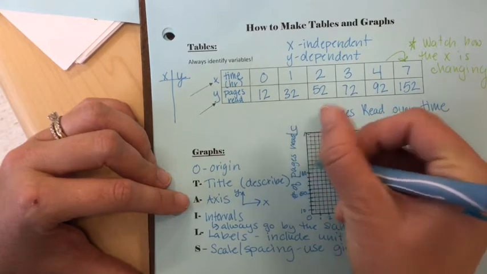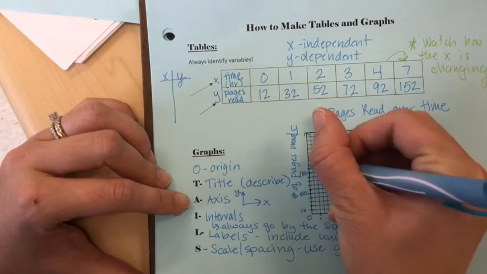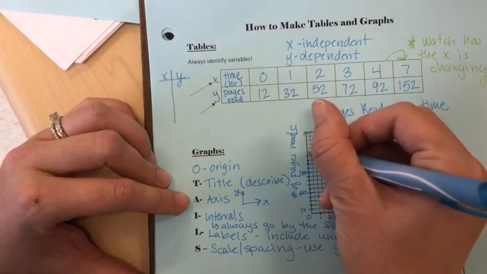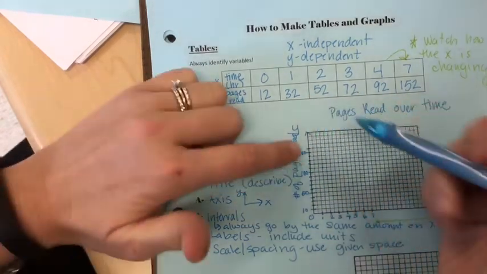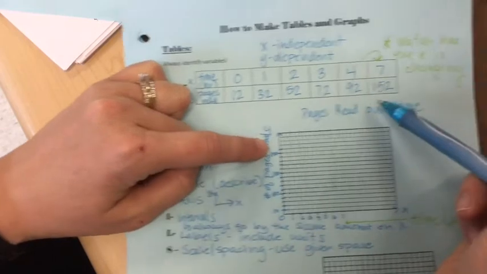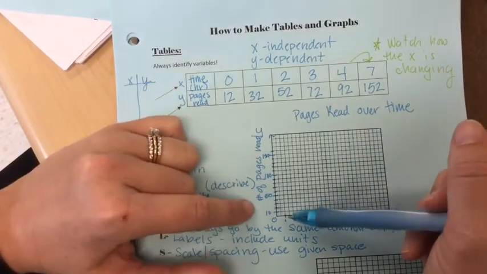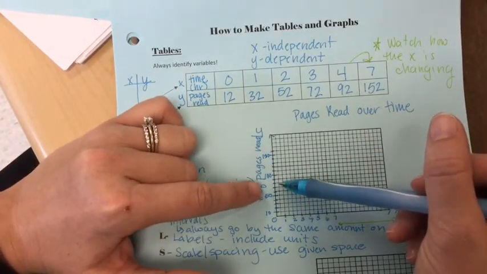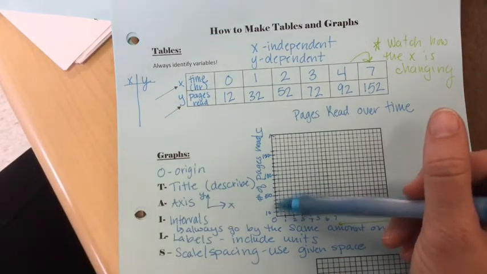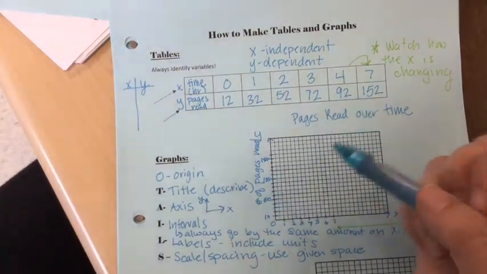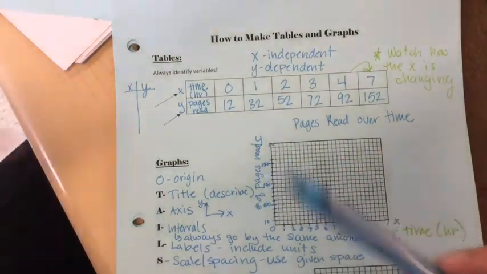That's 100, 110, 120, 130, 140. That's 150. And we can stop at 160 because our maximum is 152. Now, the only reason I'm not writing these little ones in between is because I don't have enough space. So if you have space, please feel free to include them. It might make it easier to graph.